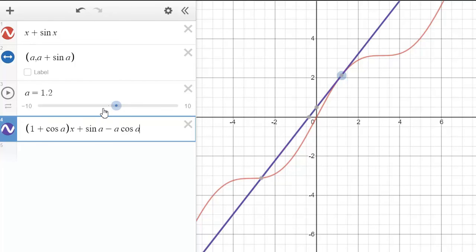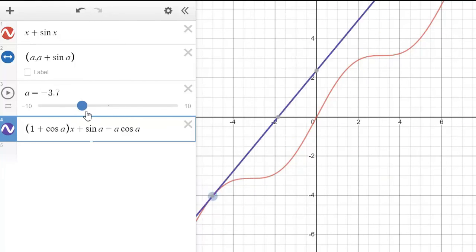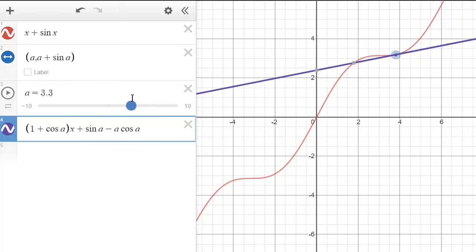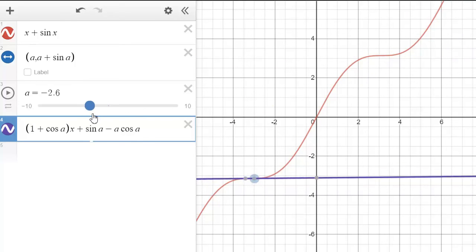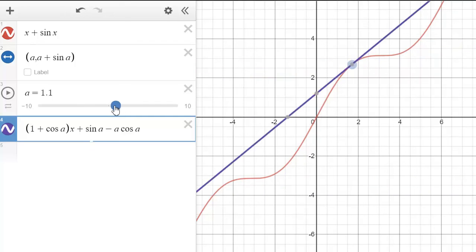As you slide a about, it will work out the gradient, and then it will work out the intercept. From that, it will draw your tangent line.